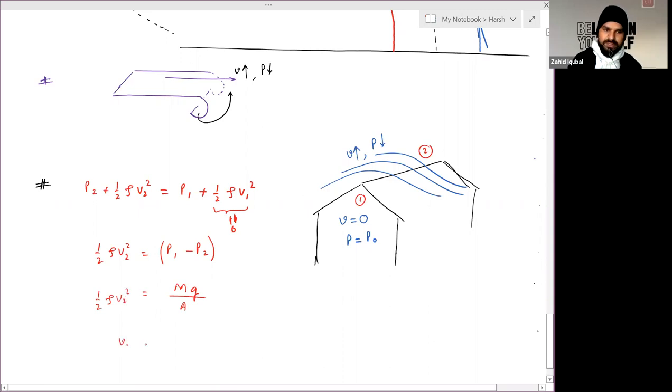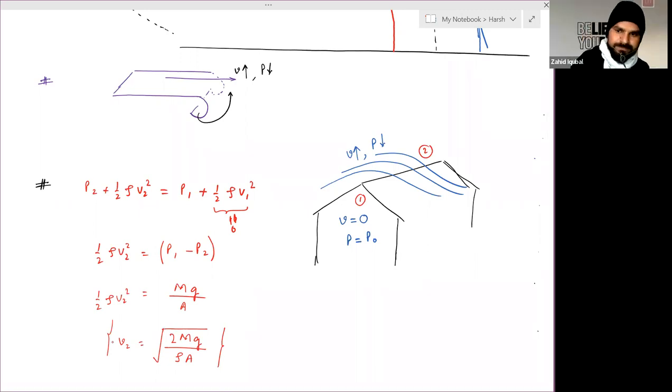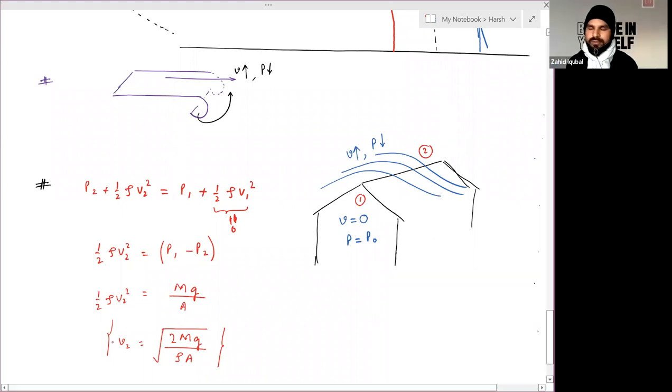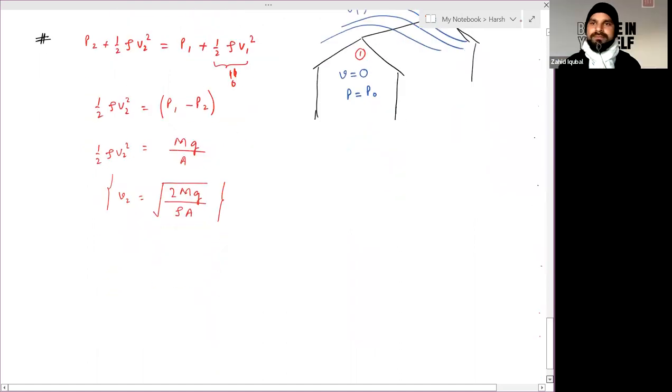So velocity will be the square root of 2mg divided by rho A. This will be the velocity of the storm required to uplift this entire roof. Is it clear? Similarly, you may define the uplift of an aeroplane. Just write it down.